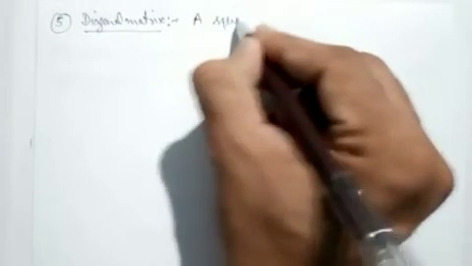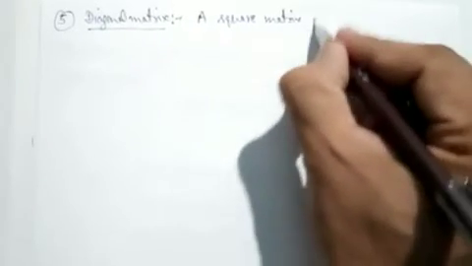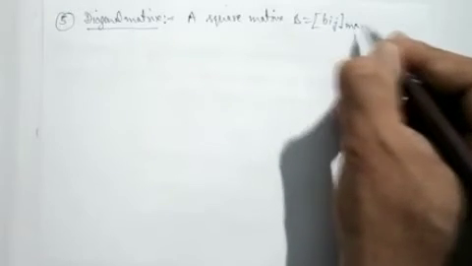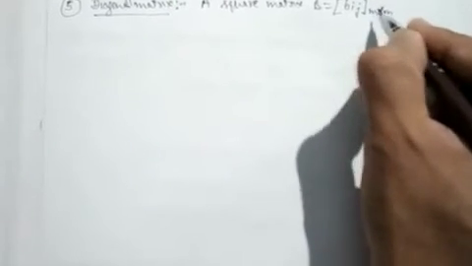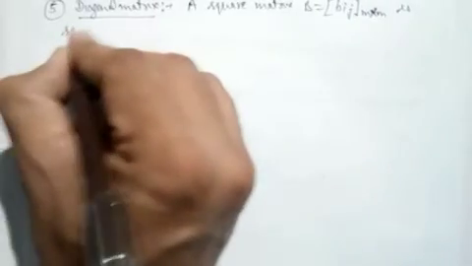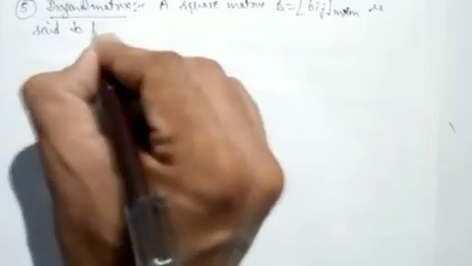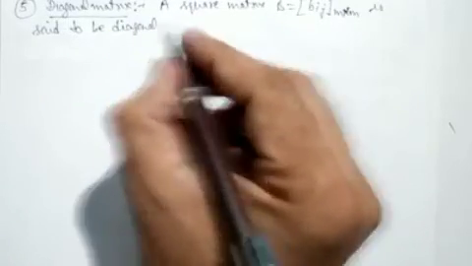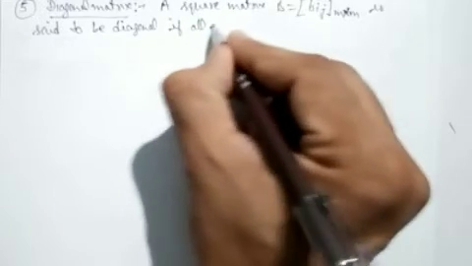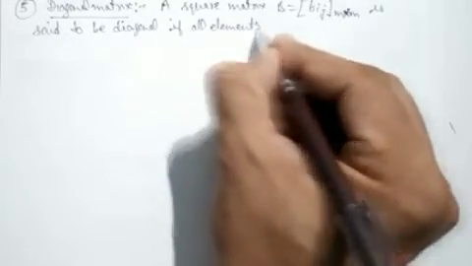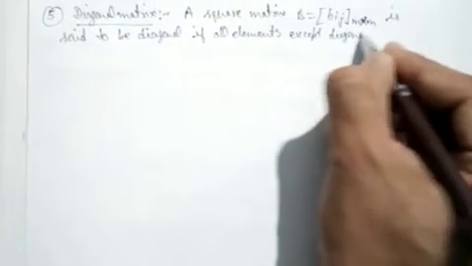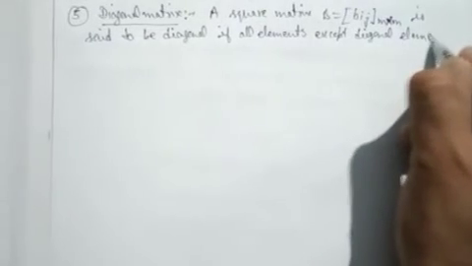A square matrix B equals Bij, m cross m, is said to be diagonal if all elements except diagonal elements are 0.